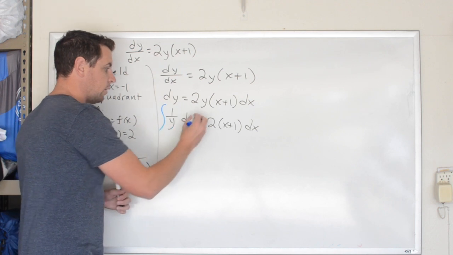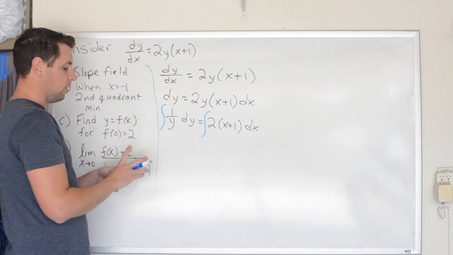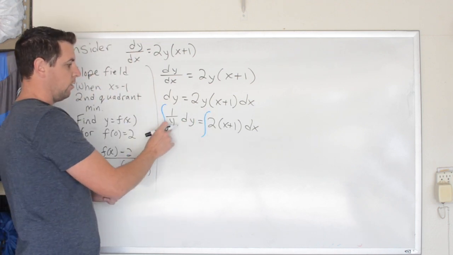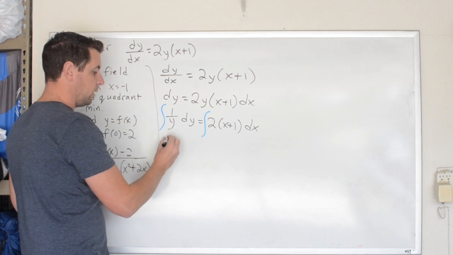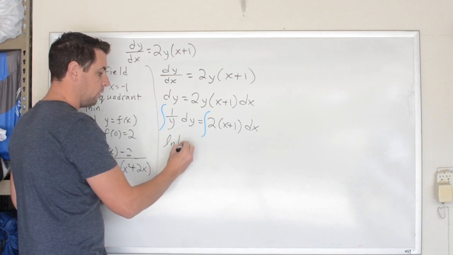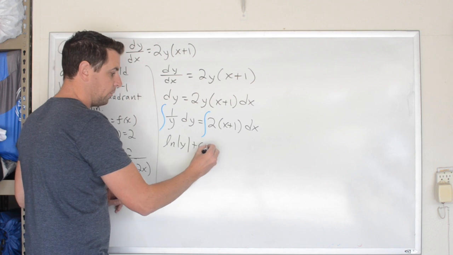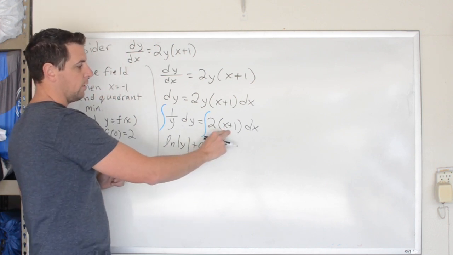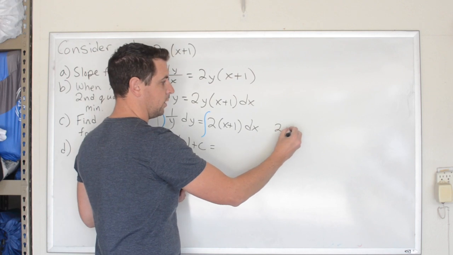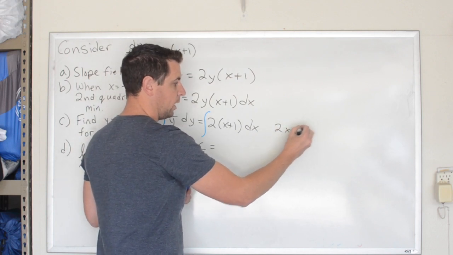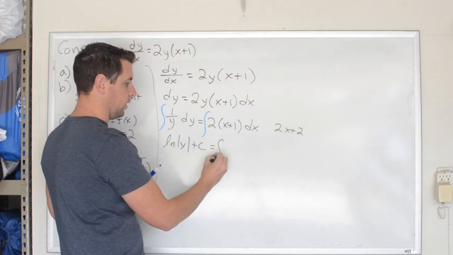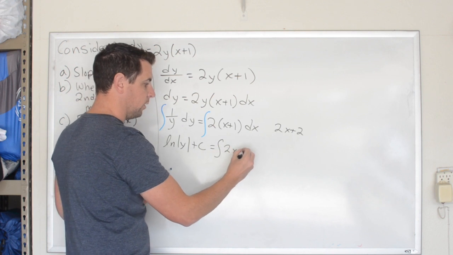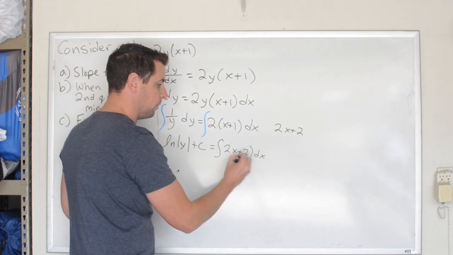But as we go to integrate this now, the integral of 1 over y on the left side is just going to be natural log of the absolute value of y plus c. On the right, if I distribute the 2, this would have been the integral of 2x plus 2 dx.